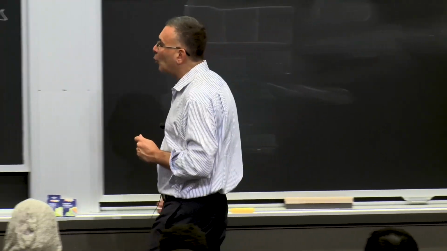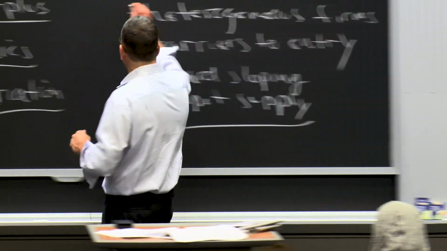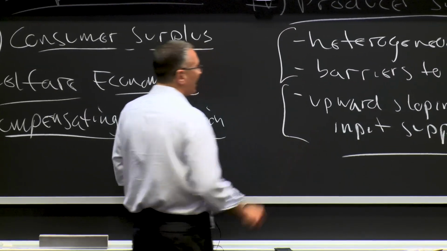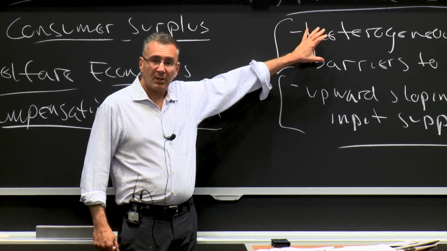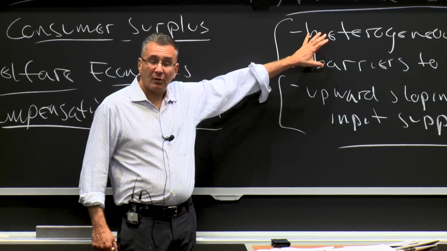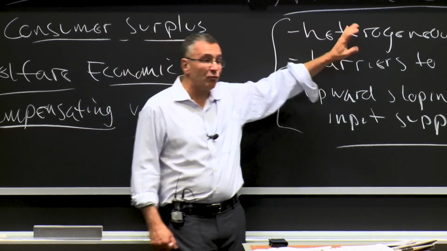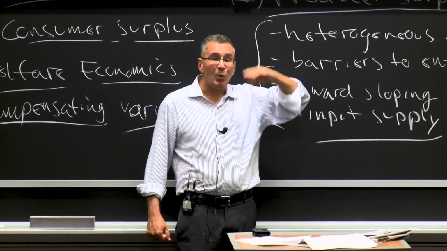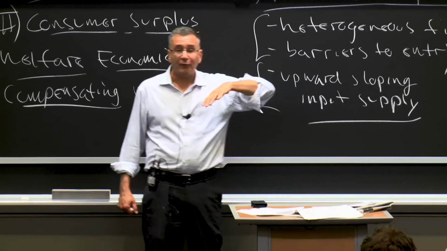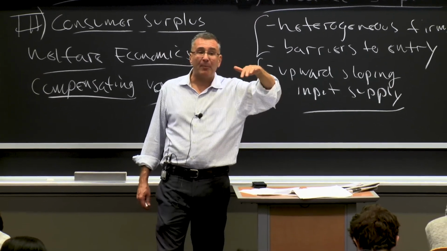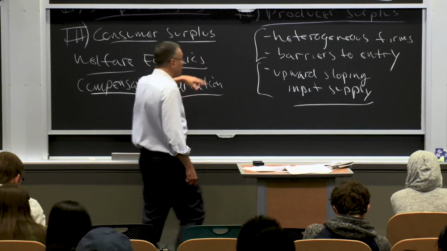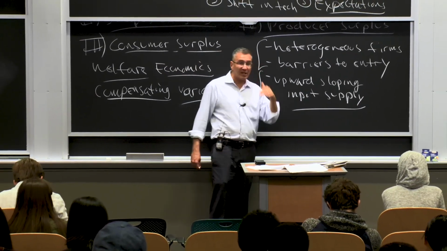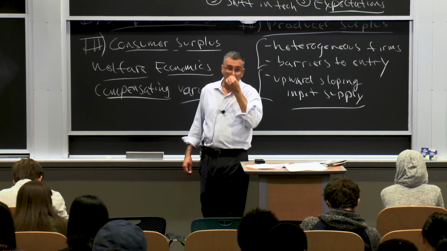I want to highlight something I said quickly last time. The difference between these two and this one. In these two, there are profits. Okay? Because in each of these, there are reasons why the market will not drive every firm to zero profit. Some firms will remain in, much like Pakistan made profits on their cotton sales. Likewise, with the barriers to entry, the firms that are in the market that have gotten over those barriers will make money.